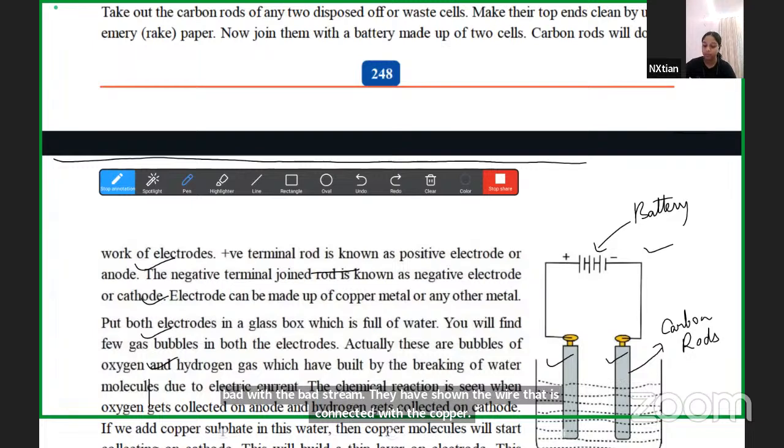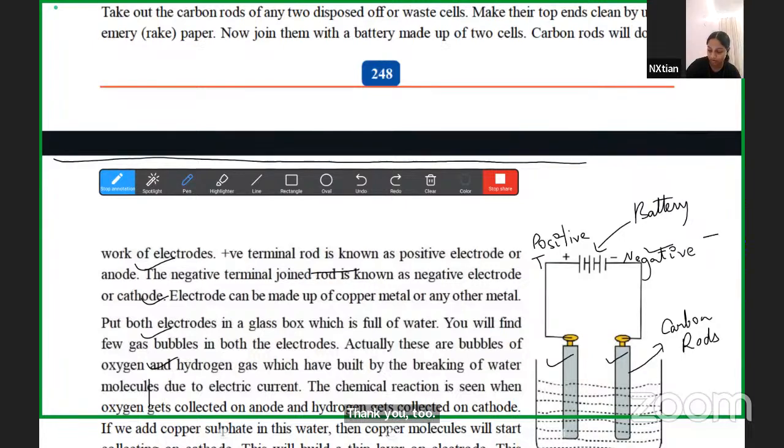This is the positive terminal, and here is the negative terminal.